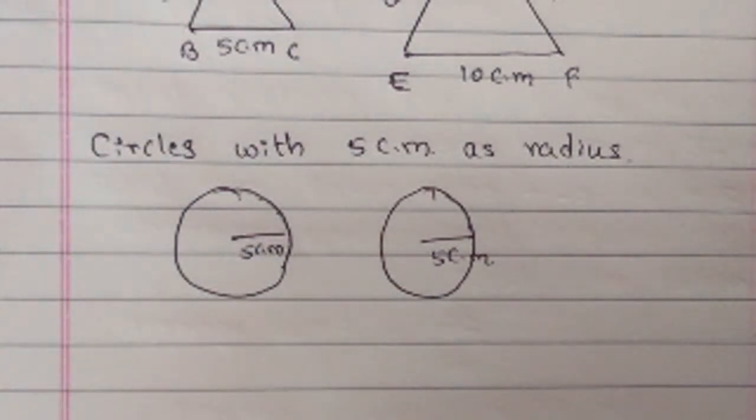Just comment your answer. I drew two circles with radius 5 centimeter. Now these two circles are congruent or similar? Comment your answer fast.